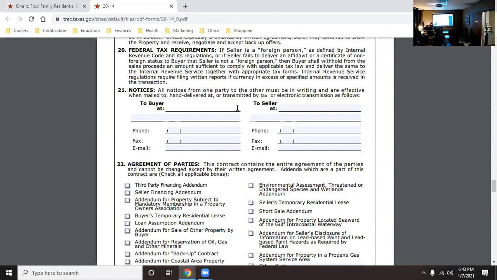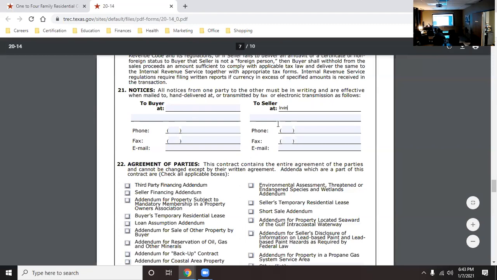Say for example that Mr. Jarrett ends up representing the seller, and he's representing, say, Mr. Eugene in a transaction. So we'll put Eugene Nobles. And he goes in here and he puts 123 Main Street, because this is where they're moving to, College Station, Texas, 77845.